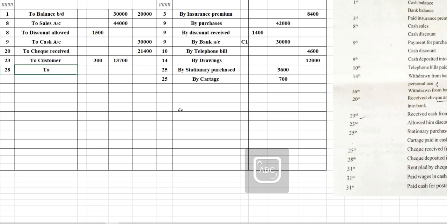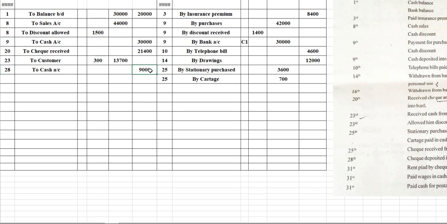to cash account, okay, to cash account. In the bank column, write that 9,000 rupees. That is sufficient. That shows that check is deposited into bank. Okay, so in the bank 9,000 rupees is increasing.